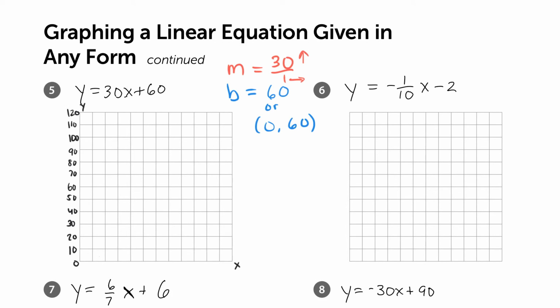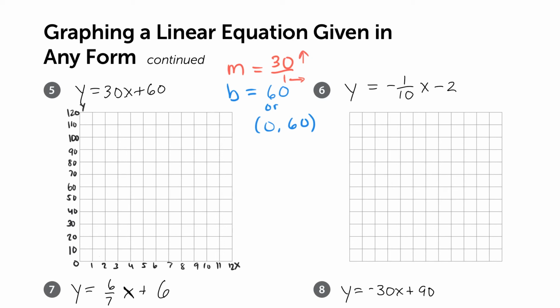Well, if I look at my rise over the run, I'm going up 30, then right 1. So I could just go by ones and be perfectly fine. So I'll label these by ones. 1, 2, 3, 4, 5, 6, 7, 8, 9, 10, 11, and then 12.